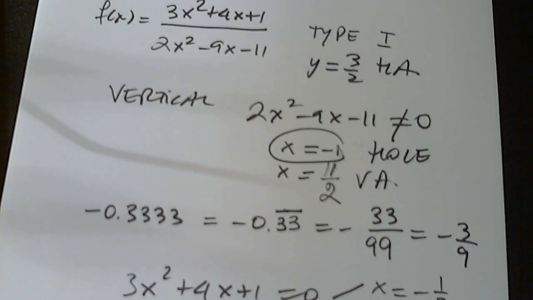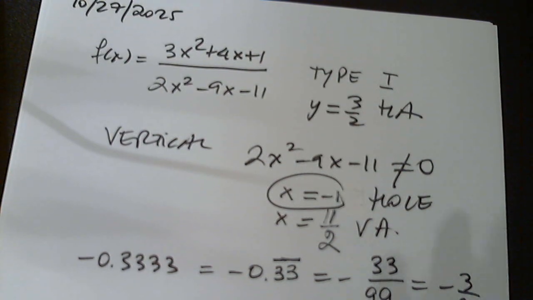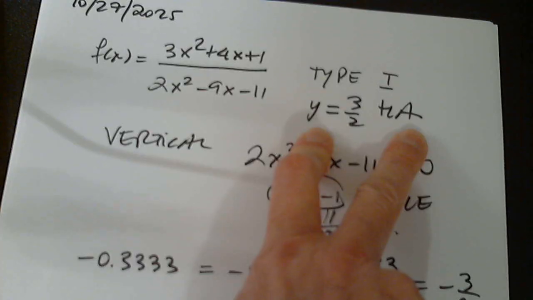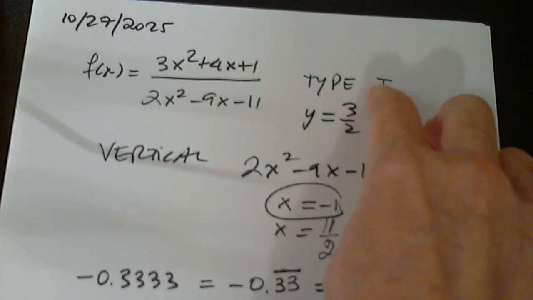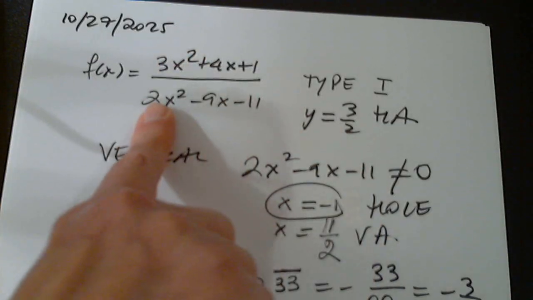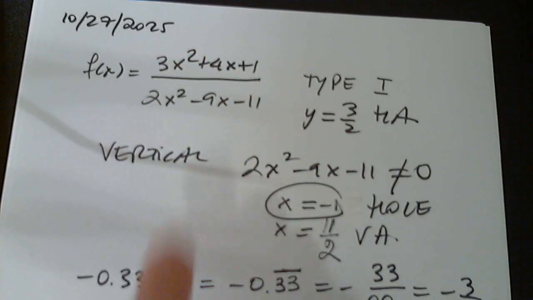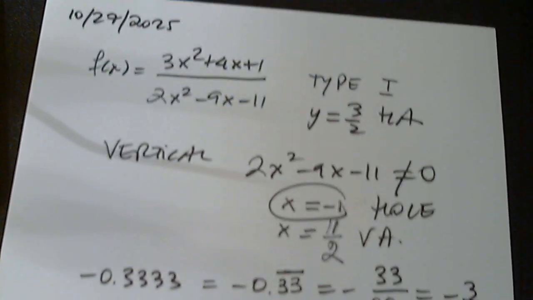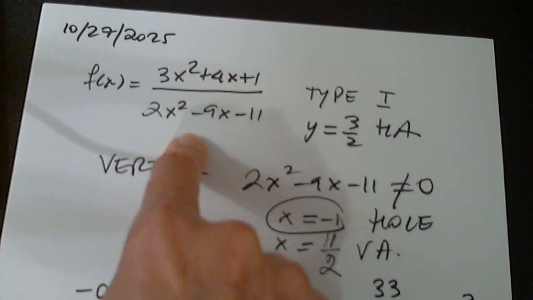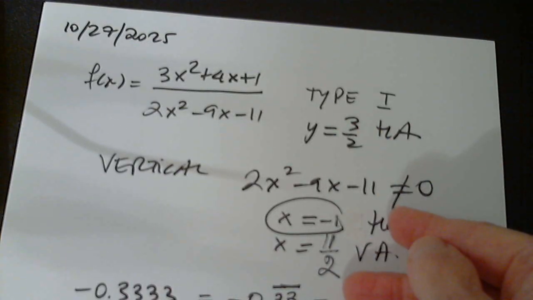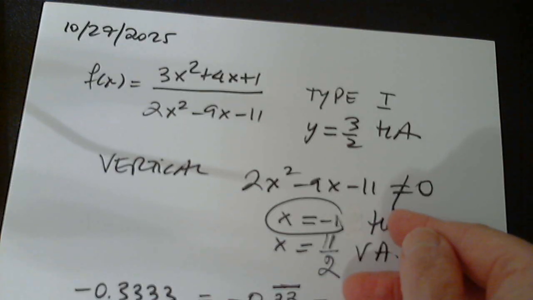So I don't remember if they're asking anything else, but the horizontal asymptote is y equals 3/2. Why? The function is type 1, which means the horizontal asymptote is the leading coefficient over the leading coefficient. And the vertical asymptotes are obtained when the denominator is undefined, specifically for the factors that cannot be simplified.